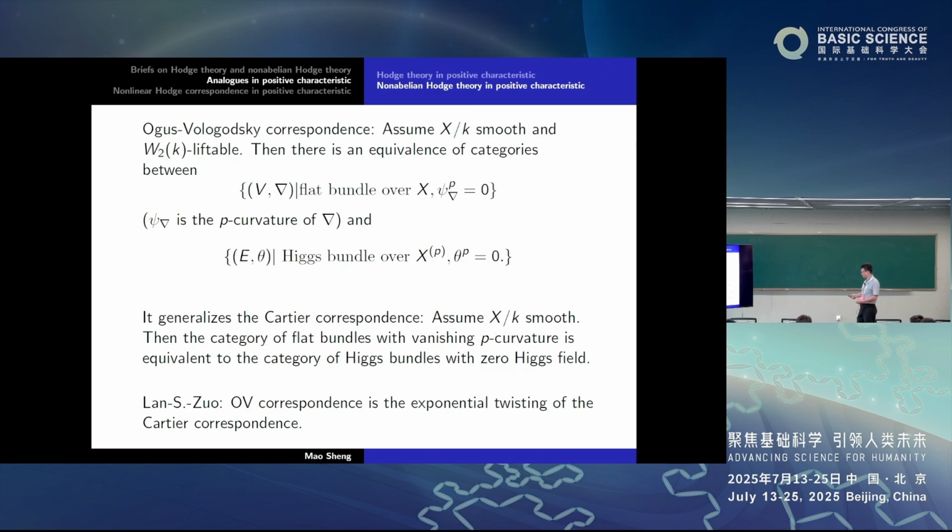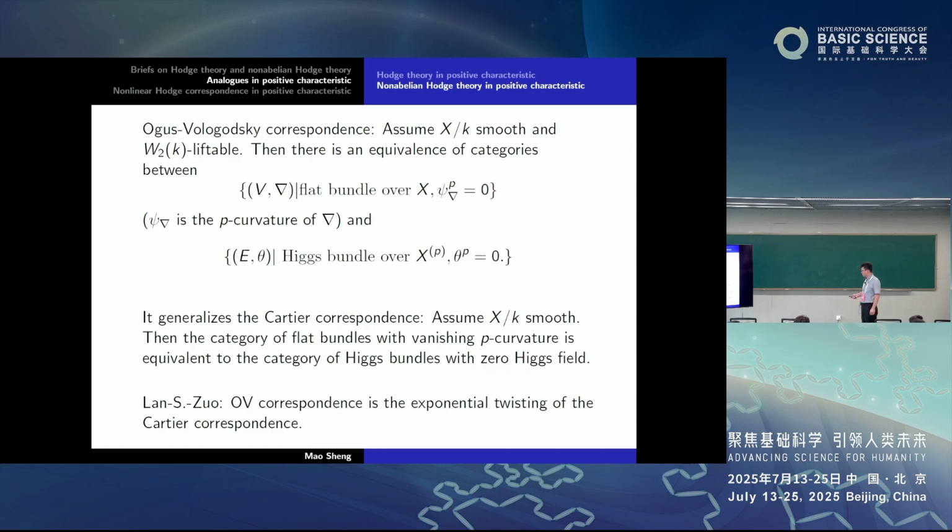The p-curvature of the connection is a unique invariant in KXP. When you have an integrable connection in KXP, you can define a well-defined p-curvature, which you're not able to see in KX0. In the case of KXP, the tangent space has additional structure, the so-called p-structure. It's a restricted algebra.